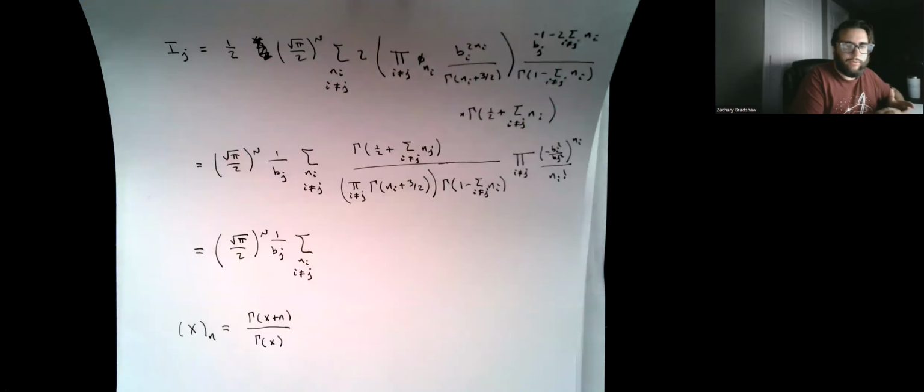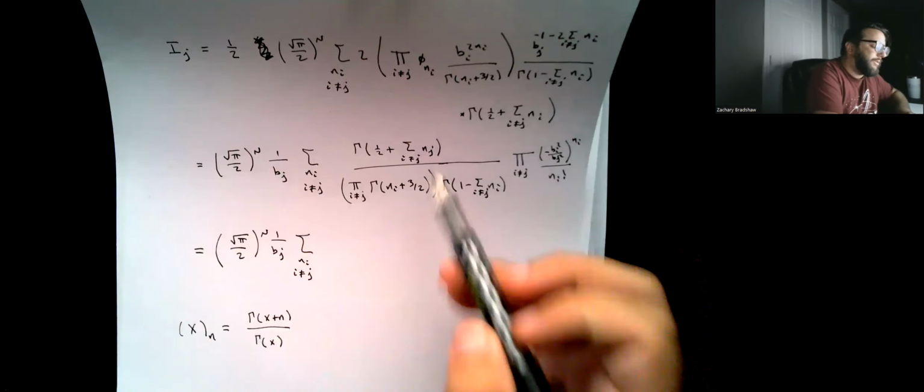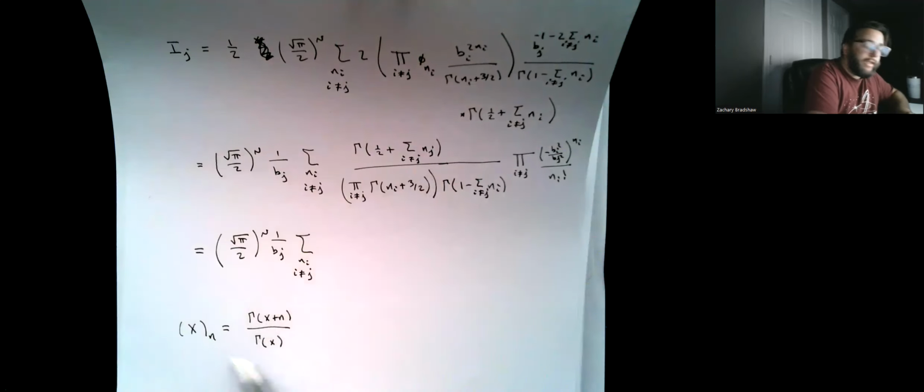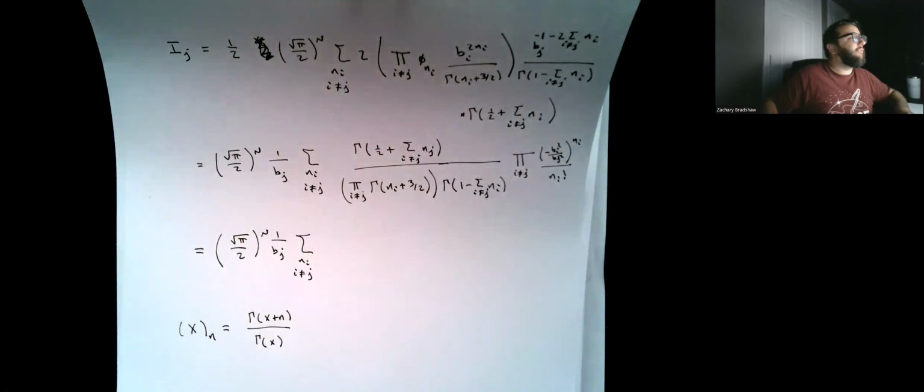Some people will call this the rising factorial. But anyway, the point is, using the Pochhammer symbol, which shows up in the definition of the hypergeometric function, we can rewrite this summand in the following form.